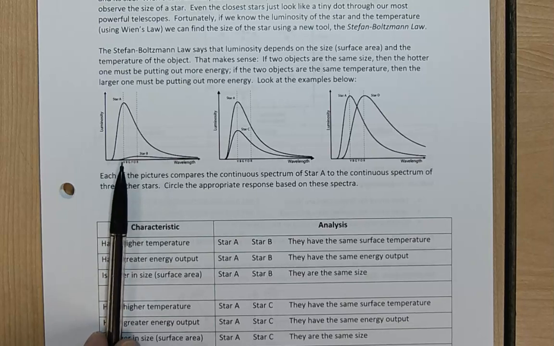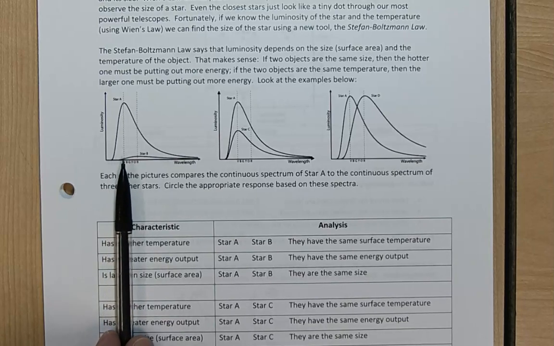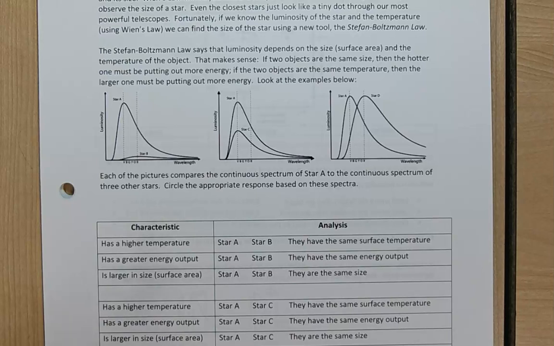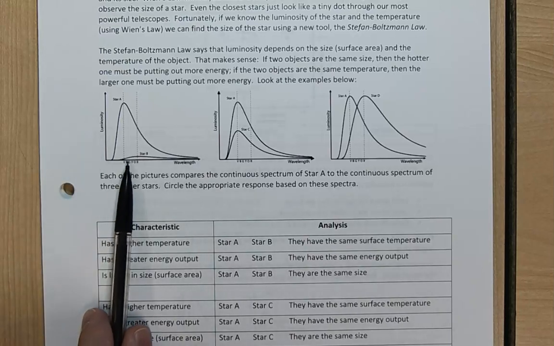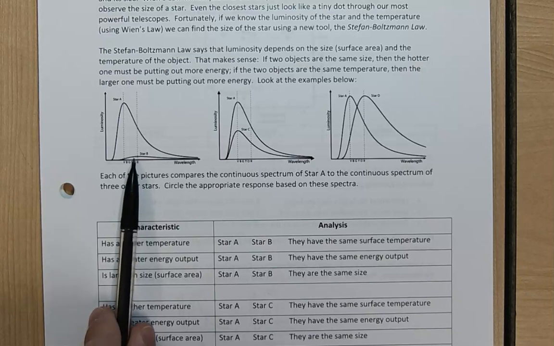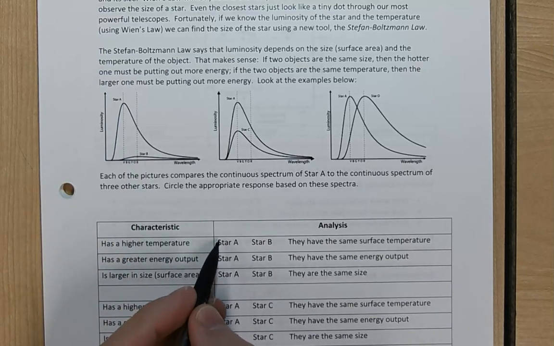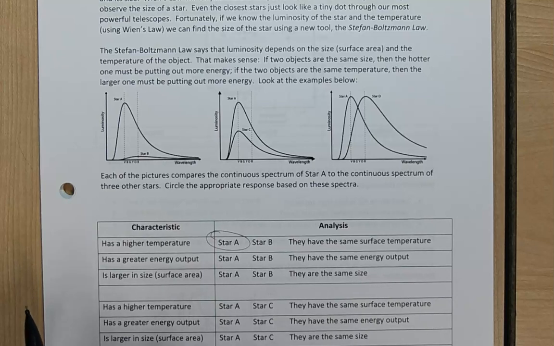The shorter the wavelength of the peak, the bluer the peak wavelength, the hotter the star must be. So if you're looking at stars A and B here, which one has the higher temperature? Well, A peaks in the violet, B peaks in the red, so A must be hotter.